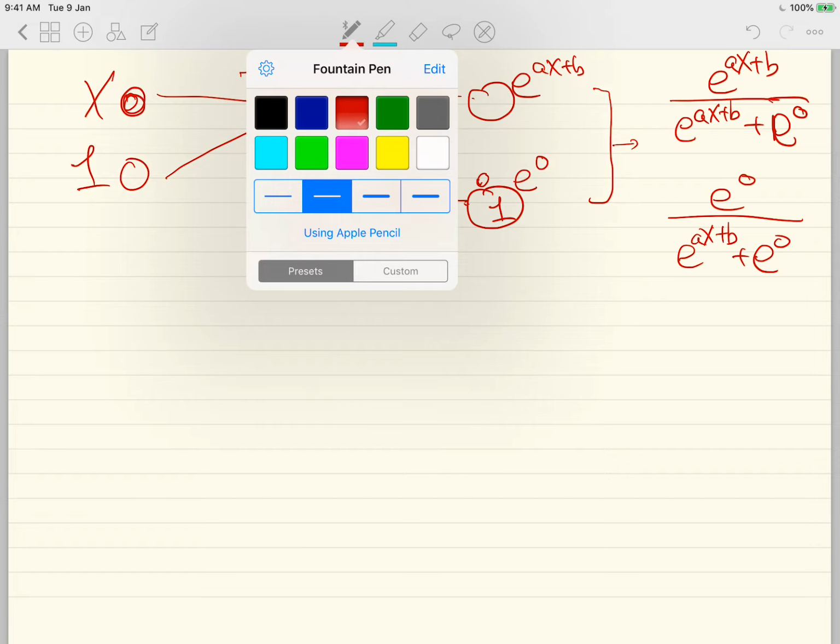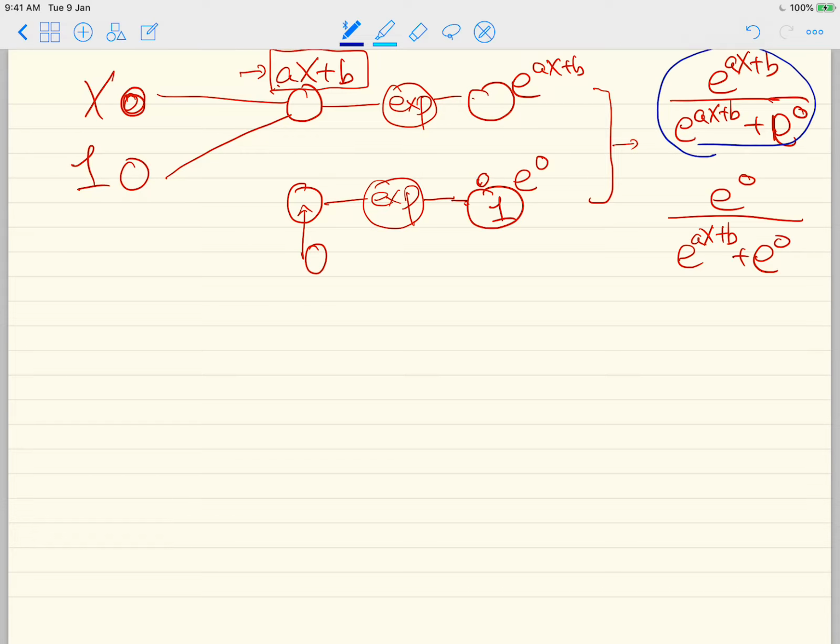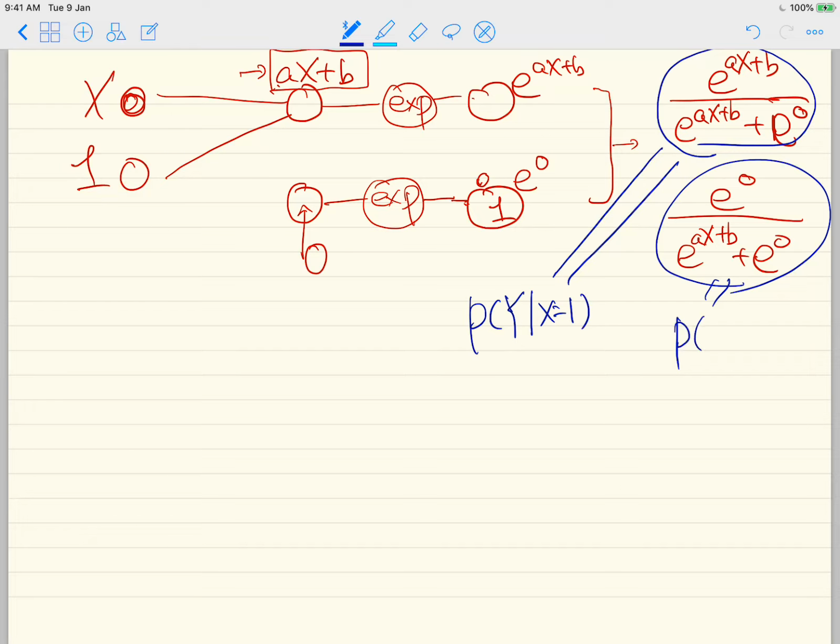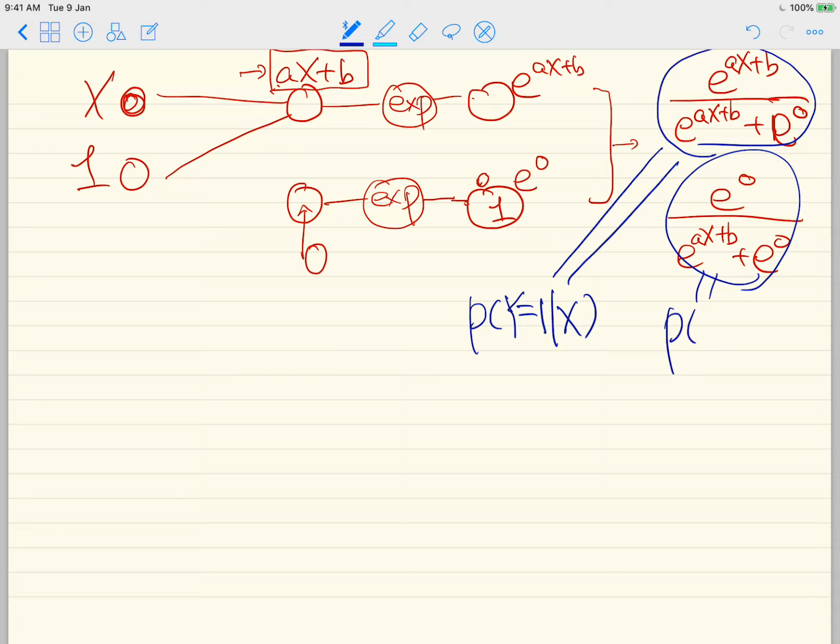Okay, and then in this case, we just assume that this is P of y equals 1 given x, and this is P of y equals 0 given a particular value x.